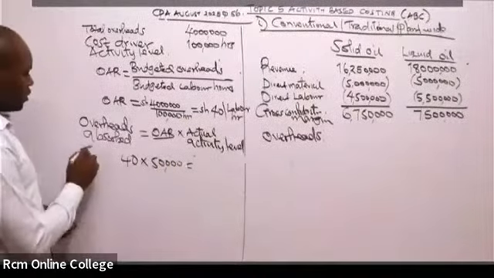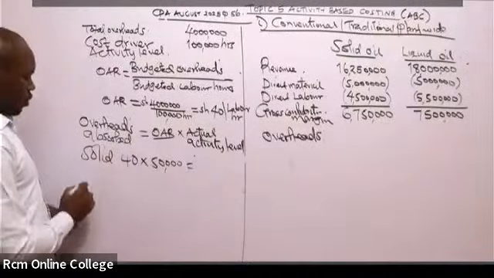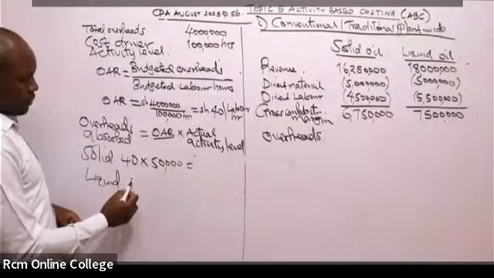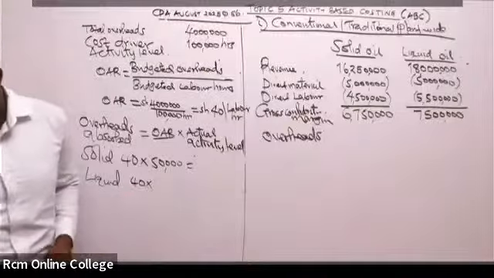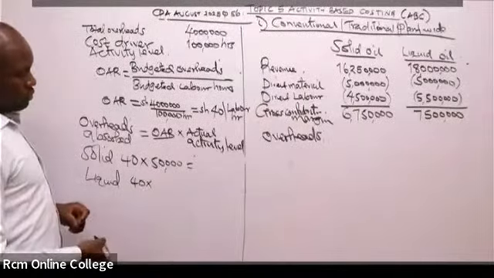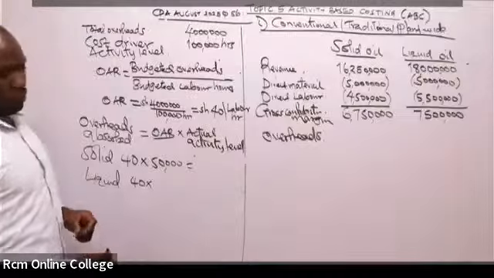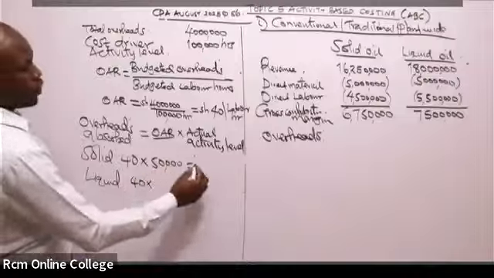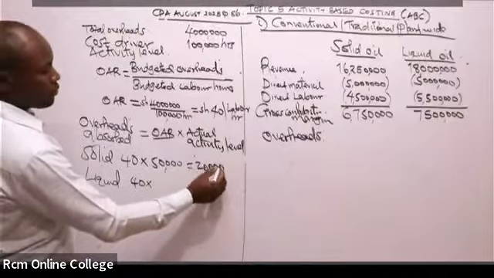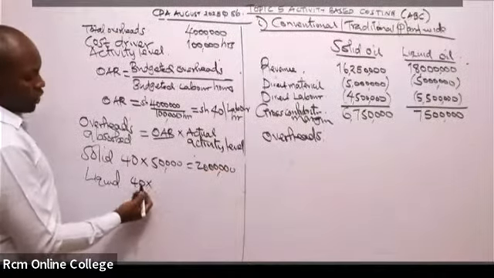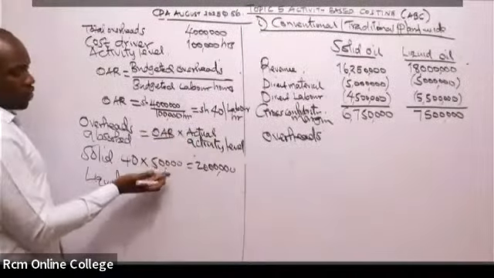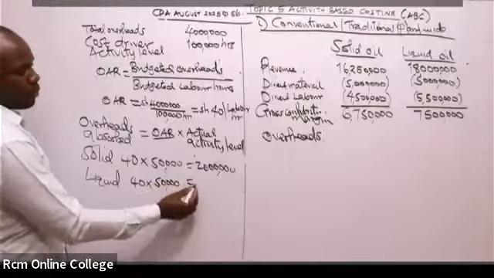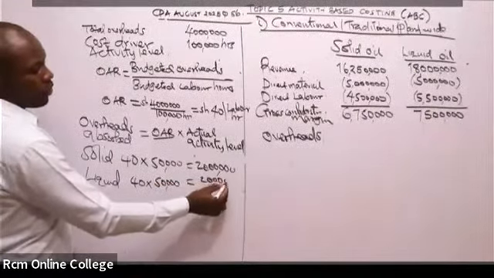So when you multiply that 40 by 50,000, how much do we get? That is 2,000,000, 2 million. Then when we take 40 again by the total labor hours for the liquid oil, which happen to be another 50,000, you're also getting another 2 million.